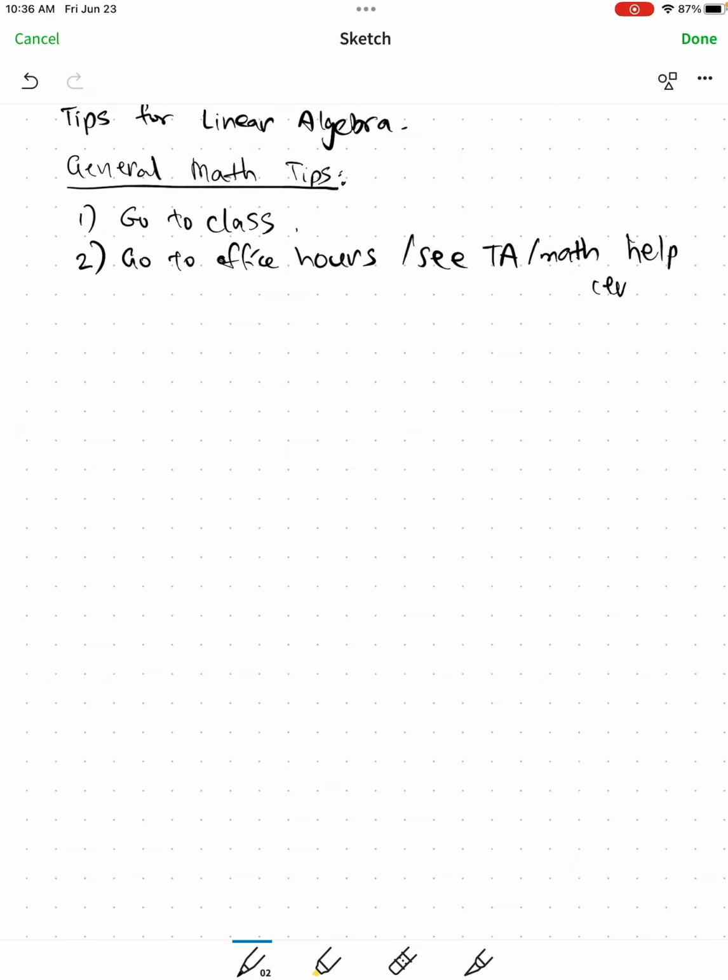Usually the university will have some sort of math center where you can go, and there will be an undergraduate, usually one who did well in the class that you're taking. They apply to work in the study center, they get paid a little bit of money, and they help students who are struggling in the class. So that could be a useful thing to take advantage of.